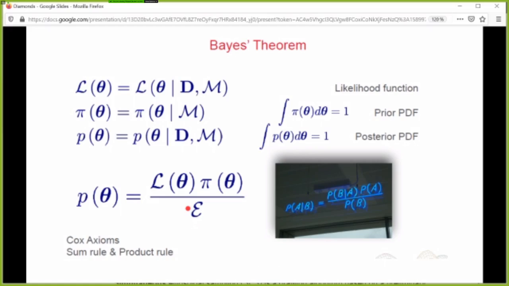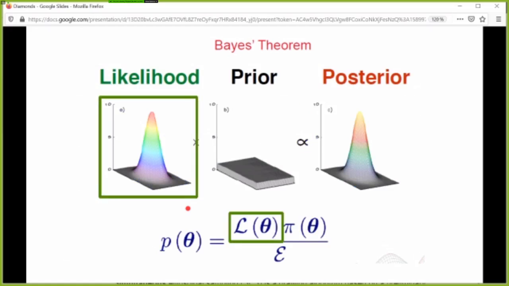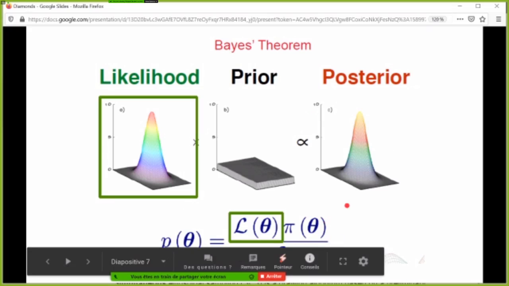Okay, there is another simple way to visualize the Bayes theorem, which is to consider the multiplication of the Gaussian likelihood by a flat uniform distribution. And this will lead to a Gaussian posterior distribution whose normalization volume factor is the Bayesian evidence, here epsilon.